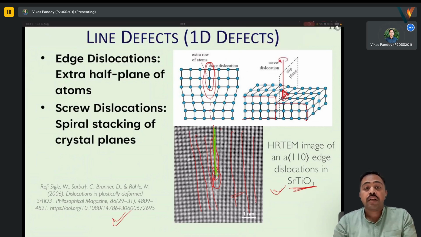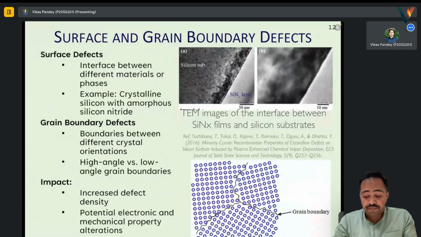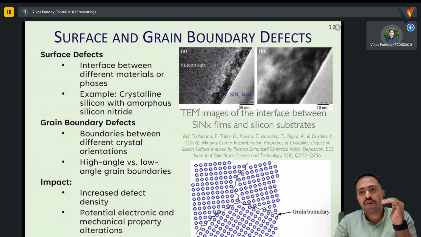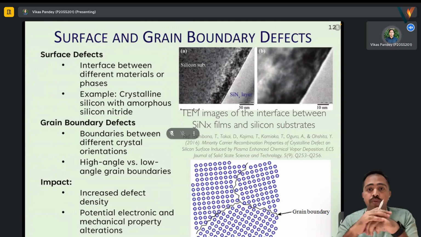then comes the next, that is surface and grain boundary defects. Okay, surface defects, that is the interface between different materials or phases. An example is crystalline silicon, which is perfectly crystalline, and then we have an amorphous silicon nitride deposited over it.